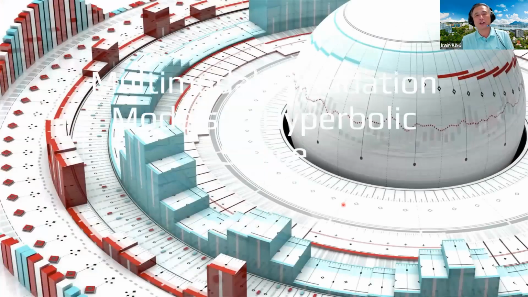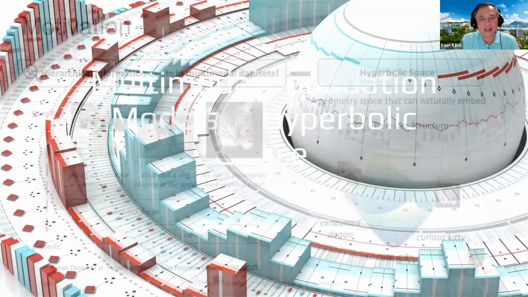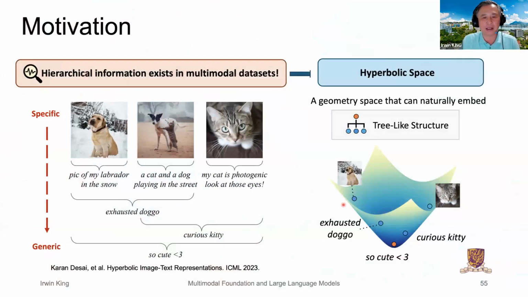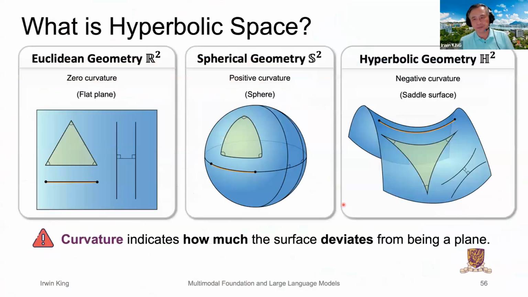The next thing I want to share with you is about hyperbolic embedding. I want to go through this a little more quickly, because I just want to share that we live in a kind of Euclidean geometry, where parallel lines stay parallel.